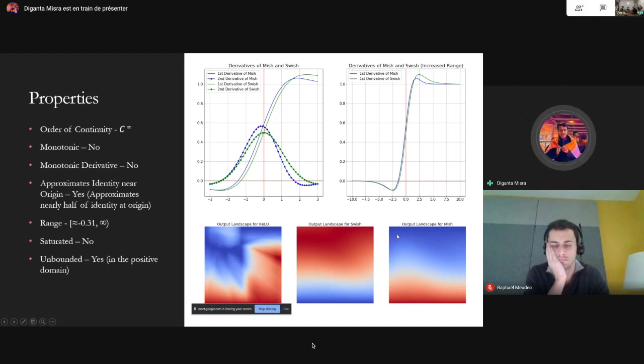If you imagine that this graph is basically pixels, they have x and y coordinates. So we pass those x and y coordinates to the network, and we obtain the scalar magnitude at that point in this graph. So this is what output landscape means.